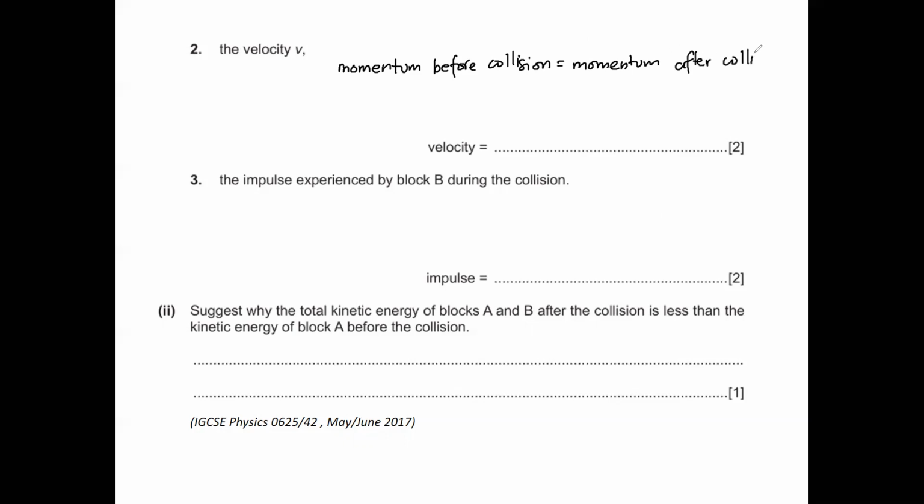The concept is like the previous question. So we write MA times UA plus MB times UB. After collision, the blocks stick together, so the masses add: MA plus MB times the velocity.